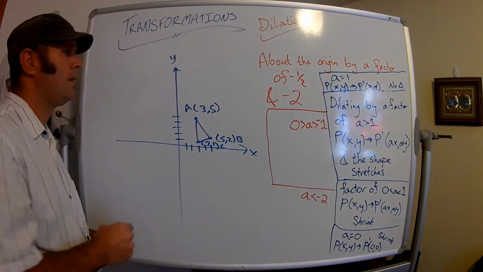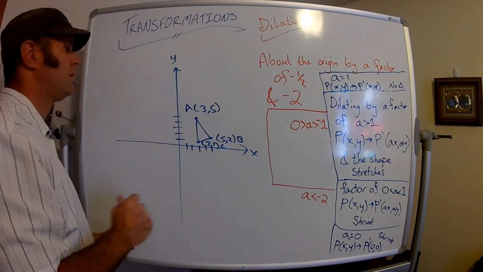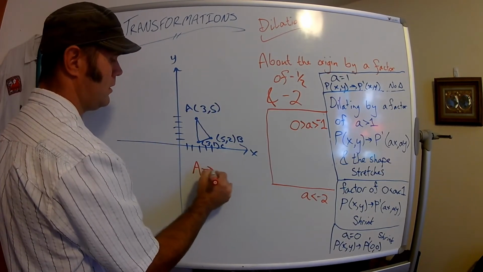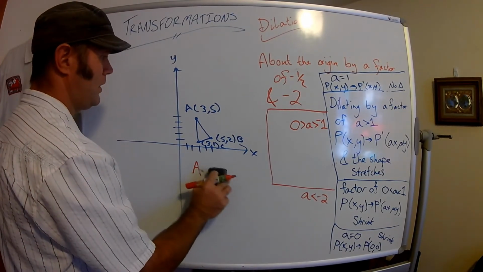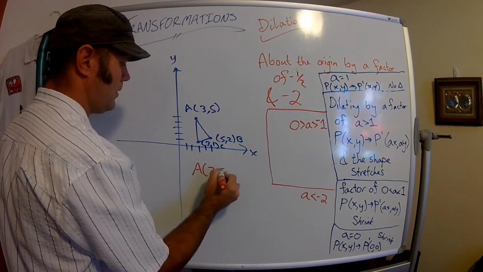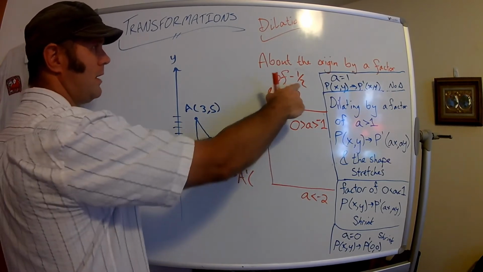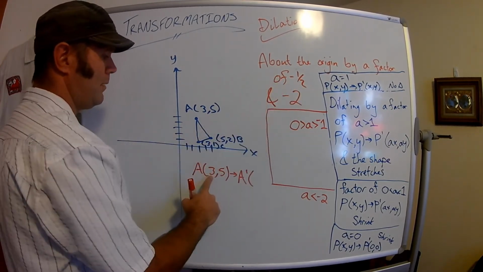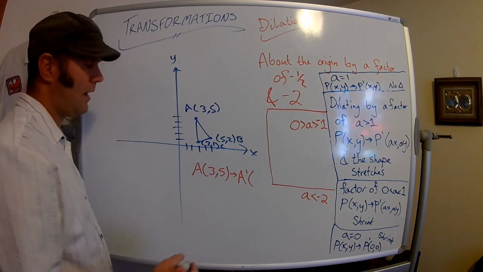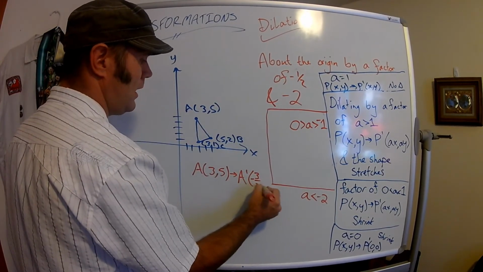All right. So let's go ahead and just do the -1/2 first. So we're going to have A (3, 5). A becomes A prime, and we're going to multiply by -1/2. So 3 times -1/2, or 3 divided by 2, is 3/2. It's going to be a negative though, because we're multiplying by a negative, -3/2.